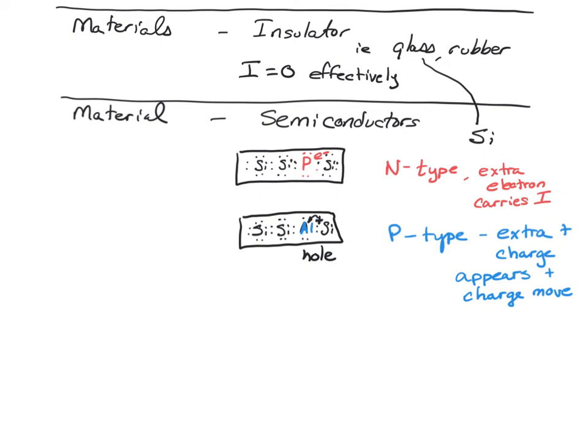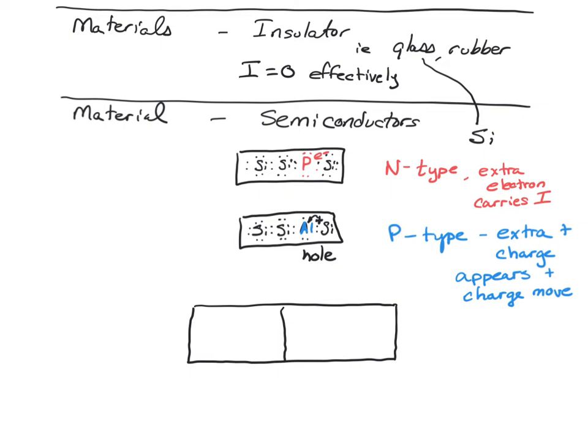If I put a P-type and an N-type semiconductor together, that's the Nobel Prize. So what happens is I go ahead, redraw my two semiconductors, and I paste them together.